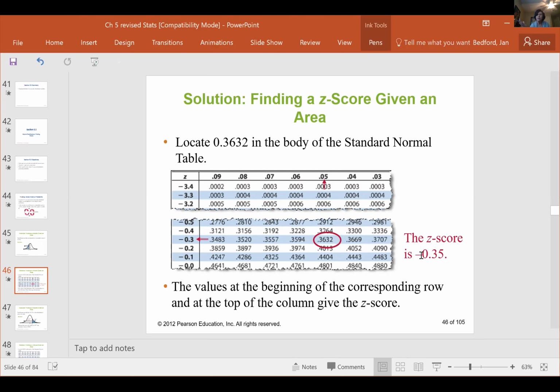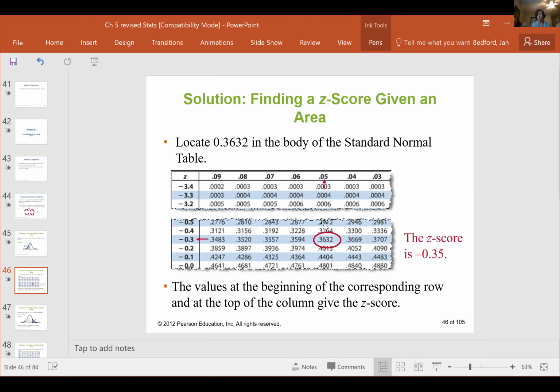But what if you had been given 0.3612? Do you see that in the table? Nope. Because it jumps from 0.3594 up to 0.3632. There's a lot of numbers that occur between there that I'm not going to see, right? So there are some limitations if you're trying to read it out of the table. Now, if it was something like 0.3612, we would have to decide, is that number closer to 0.3594 or closer to 0.3632?